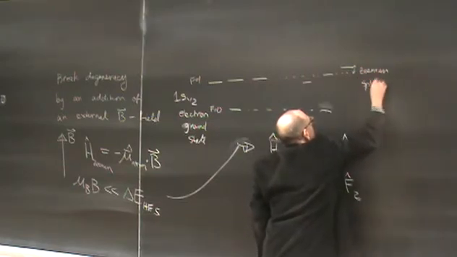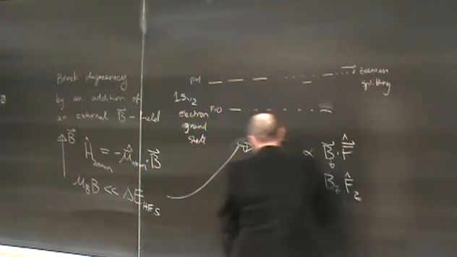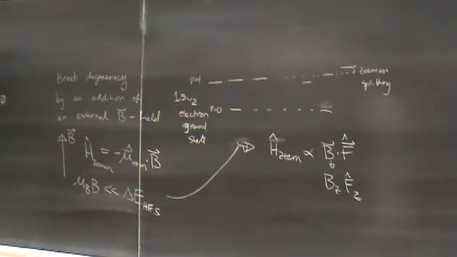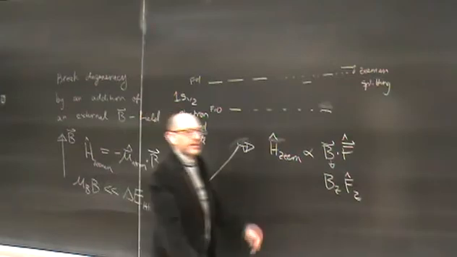So the Zeeman interaction is the interaction of the atom with the magnetic field. The Stark was with the electric field. That's just jargon.